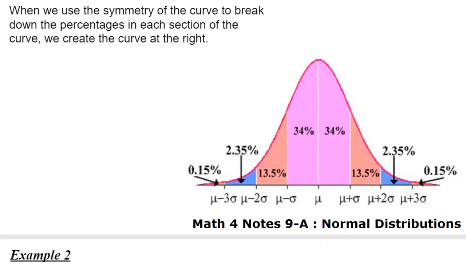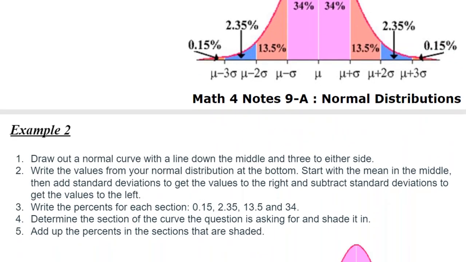And when you start looking at things like, 95% is within 2 standard deviations and 99.7% is within 3 standard deviations, you break it down, you get these percentages. These are worth knowing. This chart is worth making really, really handy for anything to do with normal distributions, because this is how we're going to calculate what we're playing with. We're going to draw out the normal curve, the line down the middle, 3 to either side, and we're going to fill in values.